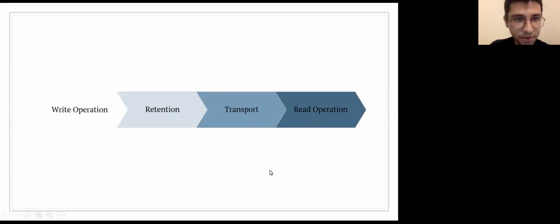In the spin systems, write operation basically is the manipulation and change of the spin system. Retention is basically maintaining the spin system. Transport is just transport, and read operation will be the detection of the configuration of the spin system.